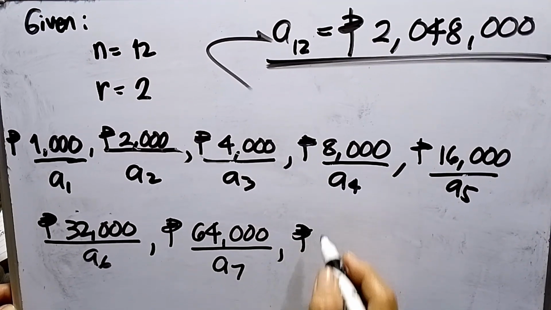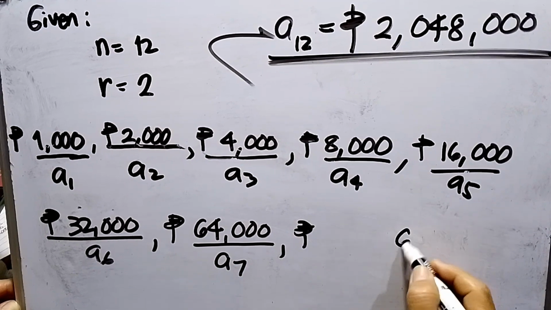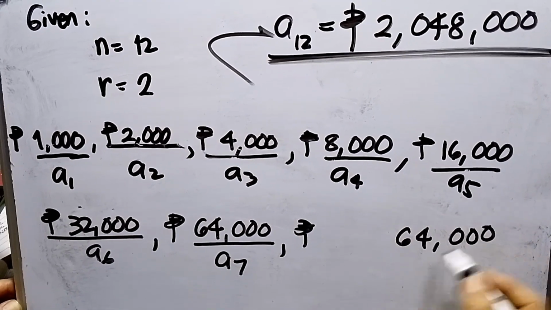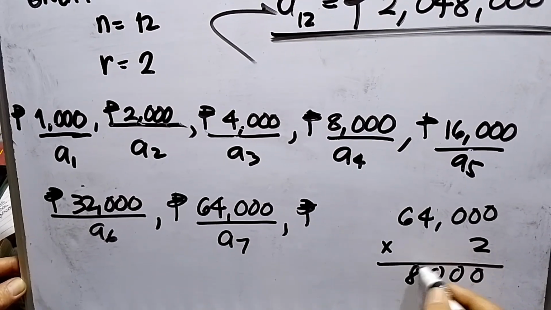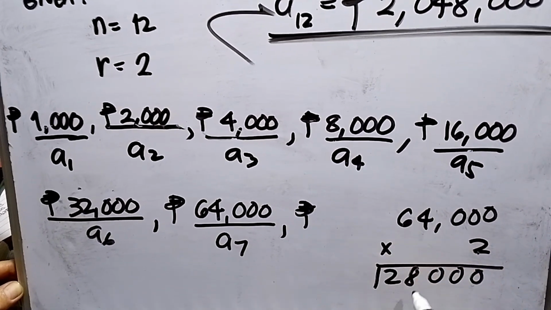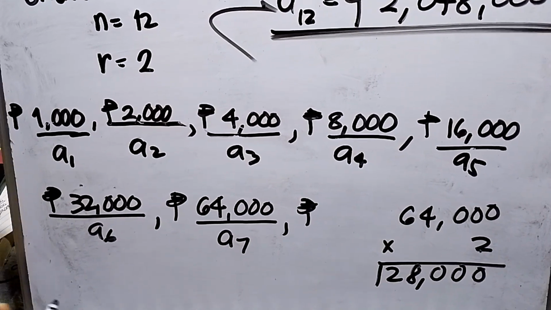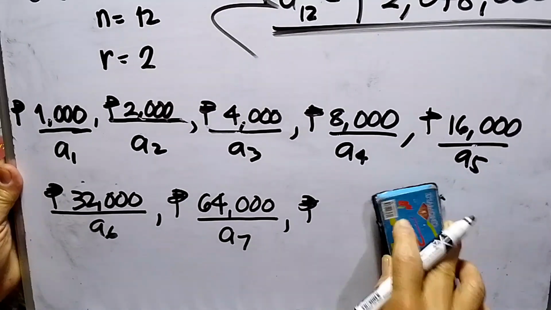Then for A sub 8, 64,000 times 2 is 128,000. So A sub 8 is 128,000.